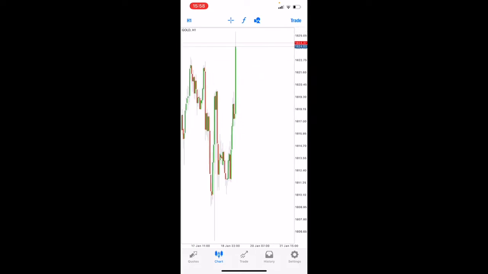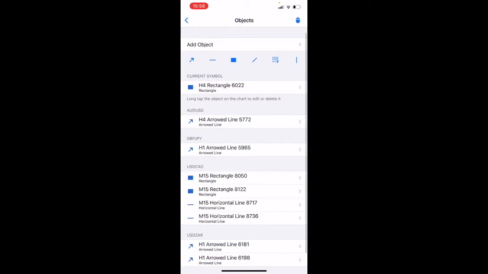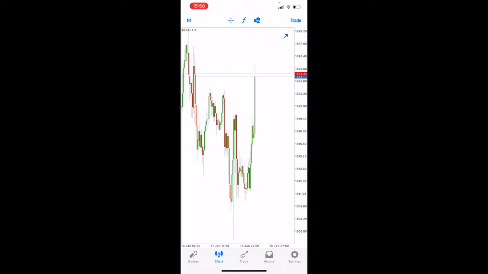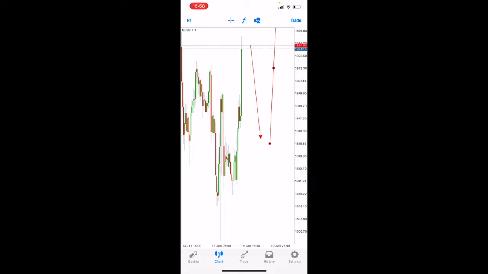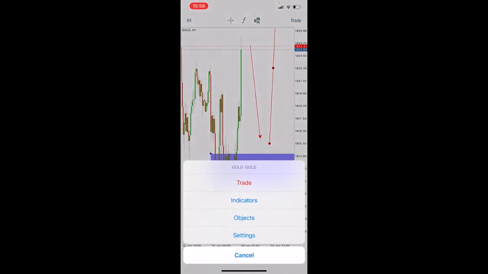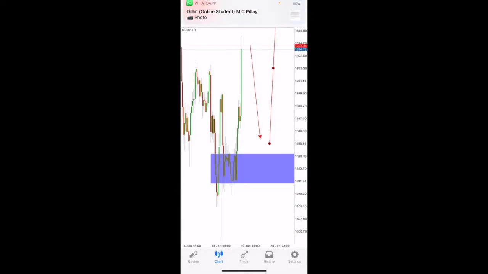So with a buy limit, for example, this is gold. When you want to put a buy limit, you're expecting price to decrease to a certain level, and then from that level to shoot back up. So let's say you analyze and whatever. I'm just giving an example, guys.